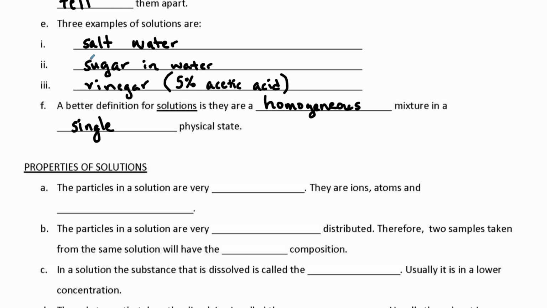Same can be said about sugar in water. Vinegar, on the other hand, well, acetic acid can be in a solid form. It can also be in a liquid form, depending how these two are mixed, but they all appear liquid throughout.